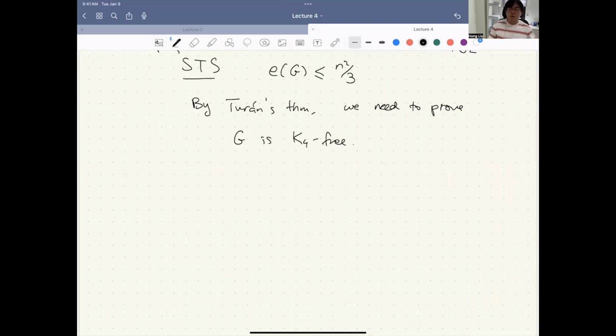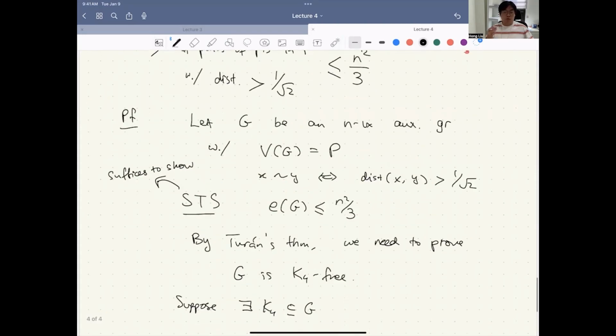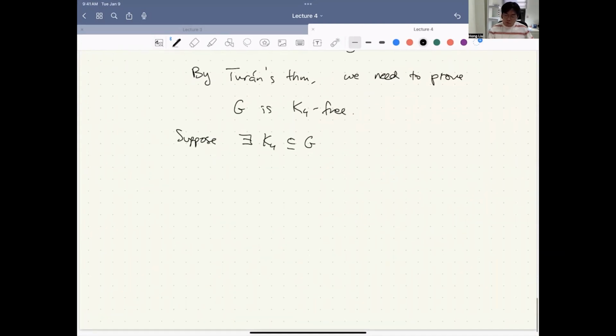Suppose there's a K4. Let's suppose there exists a K4 in G. So these 4 vertices, complete graph on 4 vertices, they correspond to, in the original arrangement of P, 4 points in the plane.